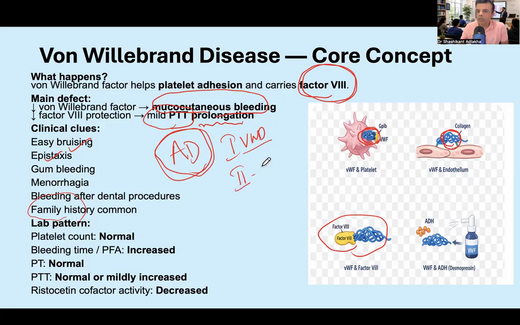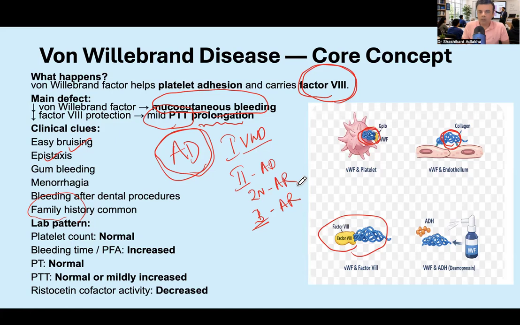Type 2A, 2B and 2M are autosomal dominant again, whereas type 2N is autosomal recessive, and type 3 von Willebrand disease is also autosomal recessive. So remember, type 1 is autosomal dominant, all type 2 are autosomal dominant except type 2N, which is autosomal recessive, and type 3 is autosomal recessive.